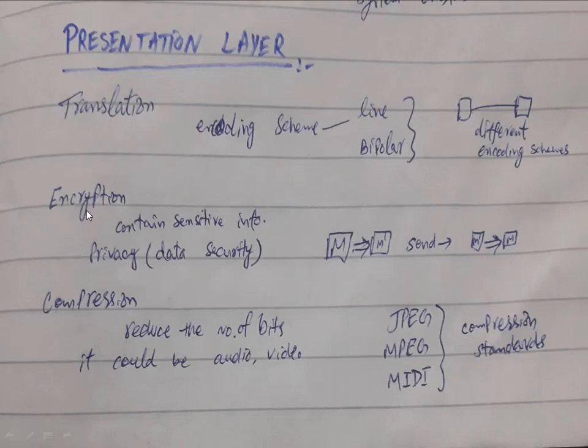The next one is encryption. Encryption means at the presentation layer the data contains sensitive information, so encryption provides privacy and data security.